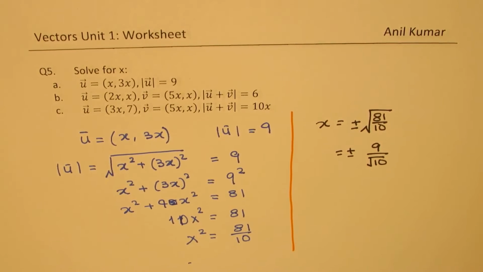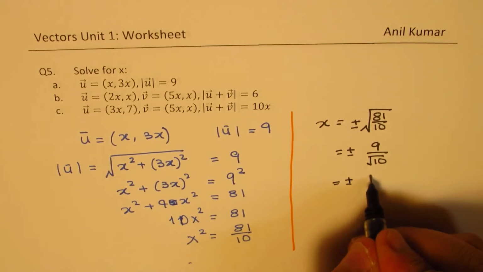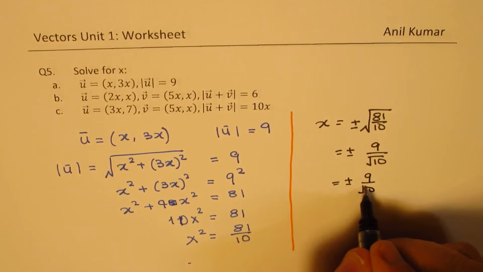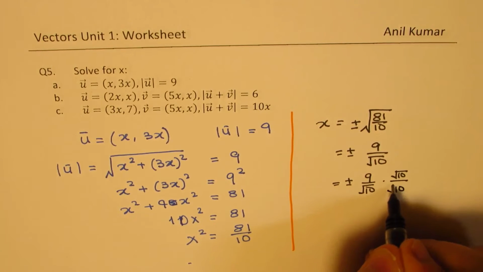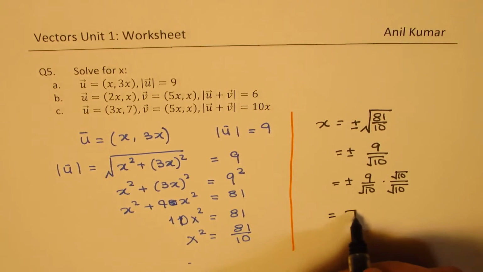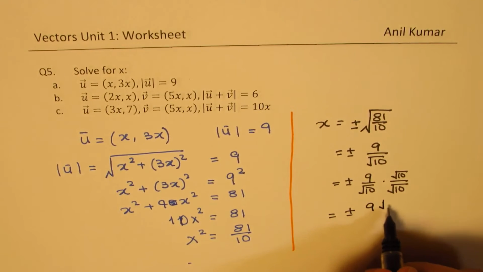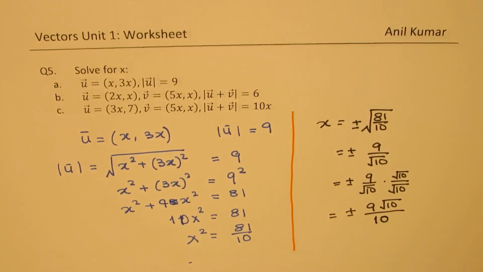Now that can be rationalized, so we write it as plus or minus 9 over square root 10 times square root 10 over square root 10. Now the denominator is 10 and the numerator is 9 square root 10. Is that clear to you? So the value of x in this particular case is plus or minus 9 square root 10 over 10.